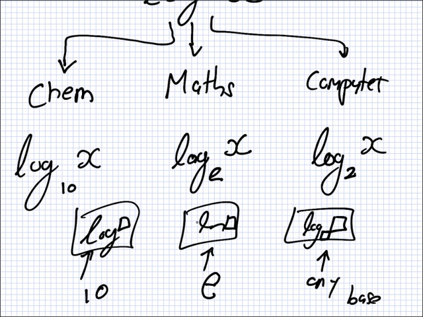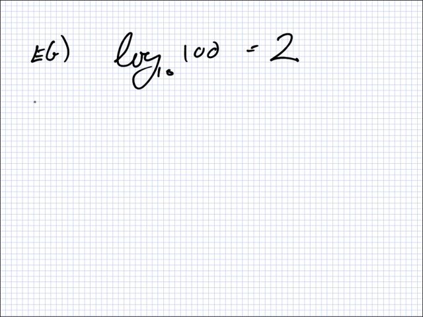Okay, let's have a look at some examples now. So the first one, just to warm up, you don't need the calculator. Log base 10 of 100. 2. Okay. 1 plus 1, 2. Yes, indeed. Right.